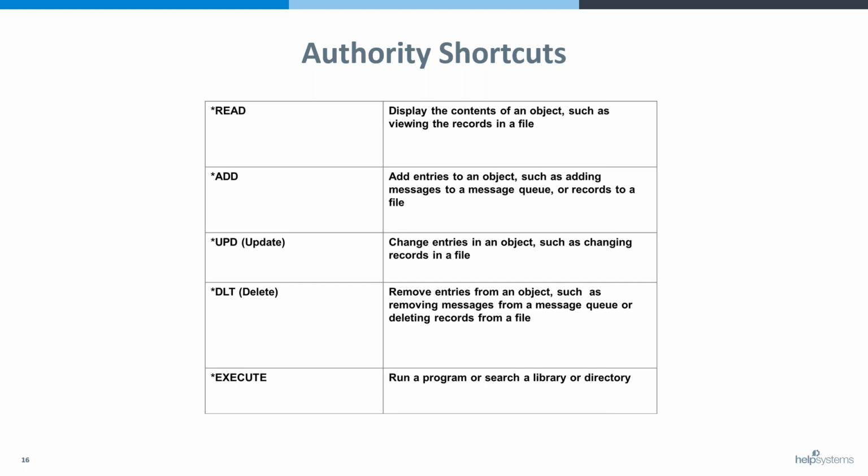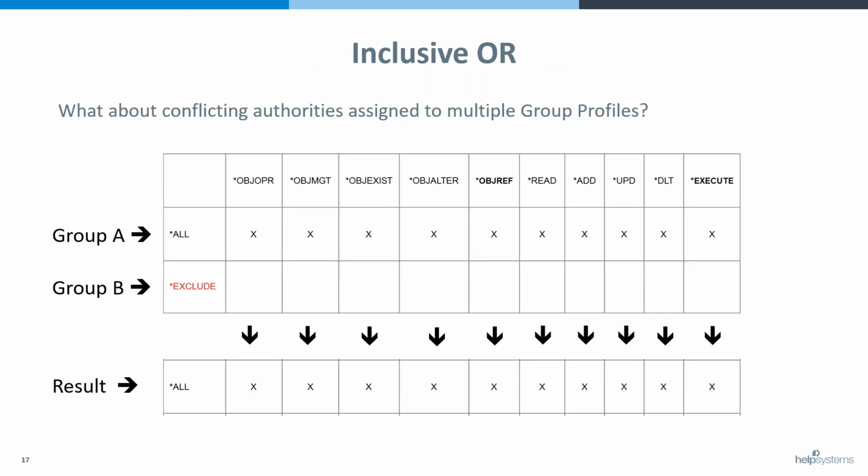Now, users are getting their permissions, as I mentioned, from those 4 stages. But one of the things that I get asked about a lot is when a user belongs to a group profile and what is there as conflicting authorities. Now, in the case of a user versus a group, it's very important to understand that a user, an individual, is going to take precedence over anything defined in the group.